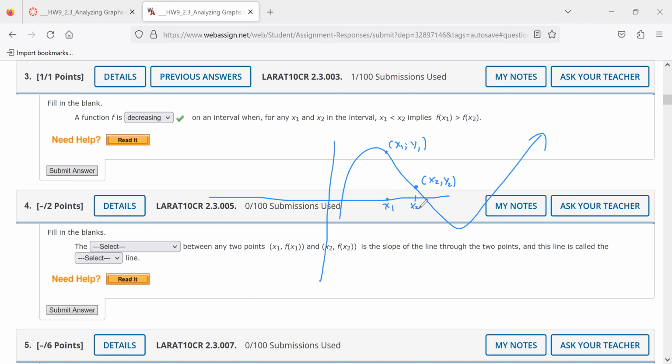So you see how this x1 is smaller than x2, right? It comes before it. And you see that this y, which is also called f of x1 and f of x2, you see how the first f of x1 is smaller than the second f of x2?